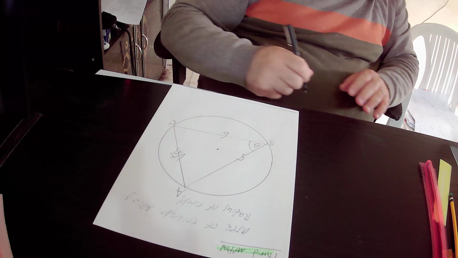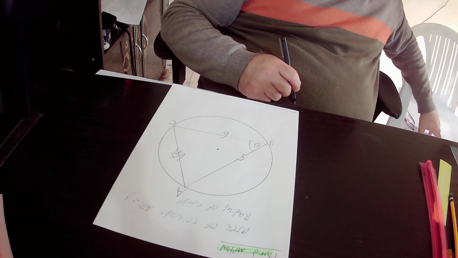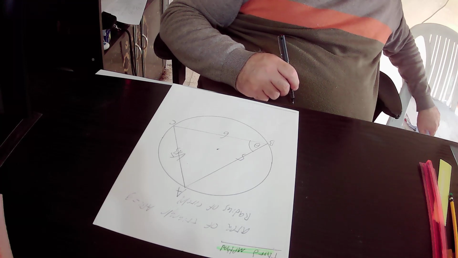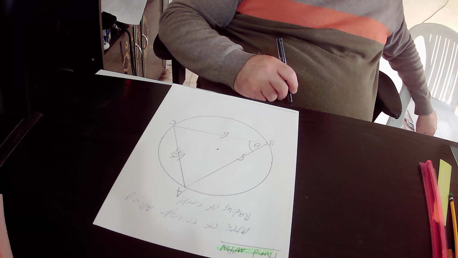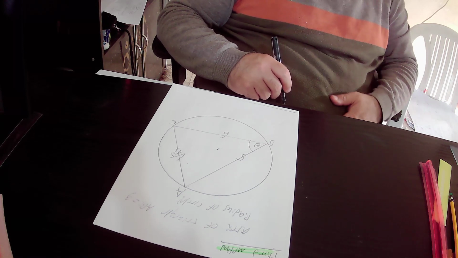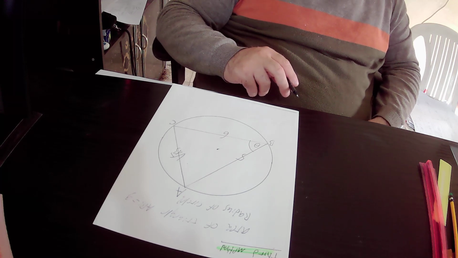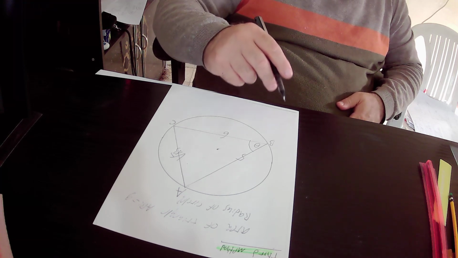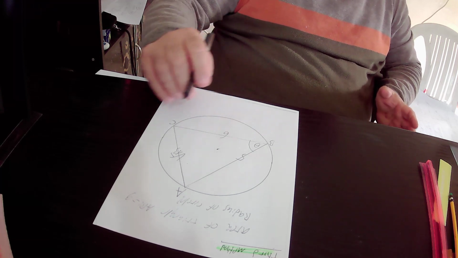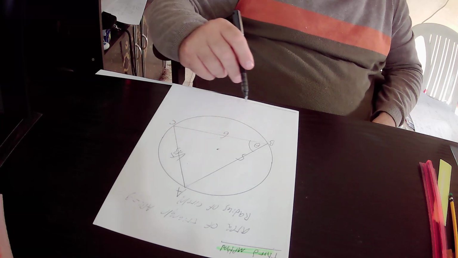And actually, we have a formula for the radius of a circle that circumscribes a triangle.